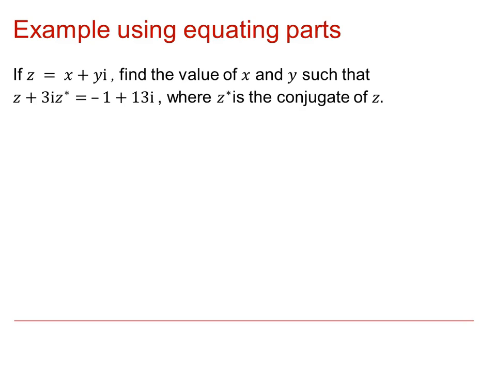Here's another example doing a similar sort of thing. This time we're asked to find the number z, which is x plus yi, if when we do the sum on the left hand side, which is z plus 3i multiplied by the conjugate of z, we get the answer negative 1 plus 13i.